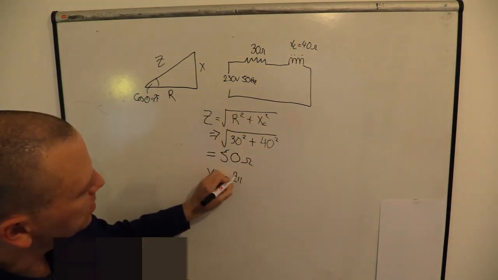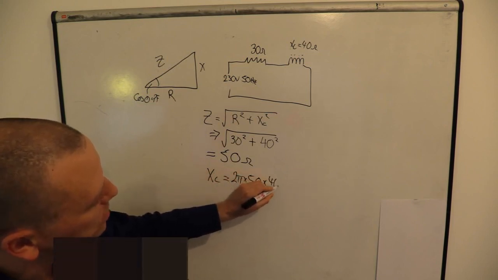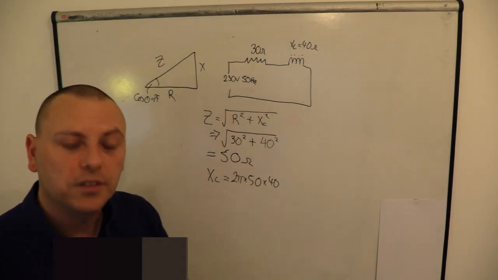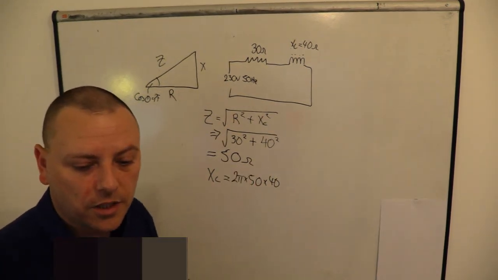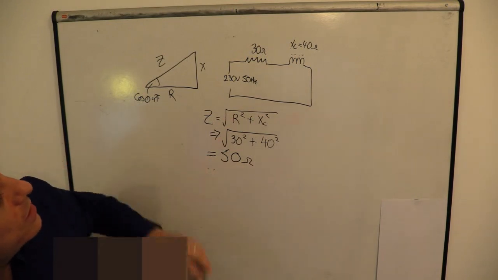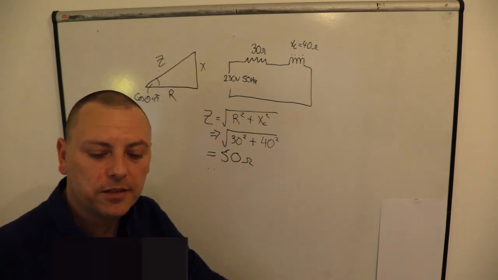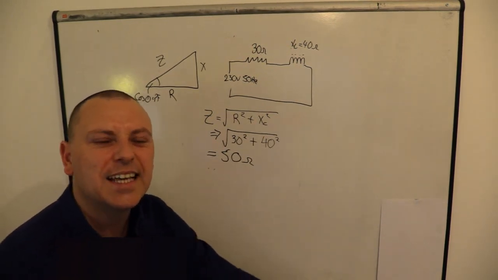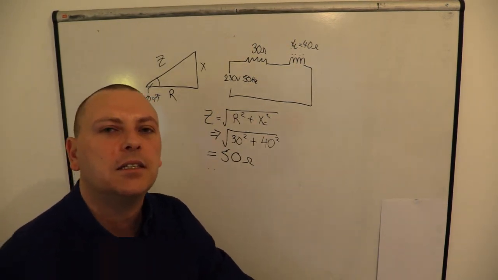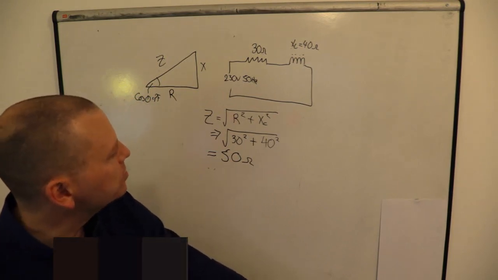So they'll do 2 pi times the frequency and then times it by 40, and that sends them way out down the garden path. So just make sure you understand the difference between inductance and reactance. If you're in an exam it's easy to make a silly error there, and that's what that question's aiming for, really.